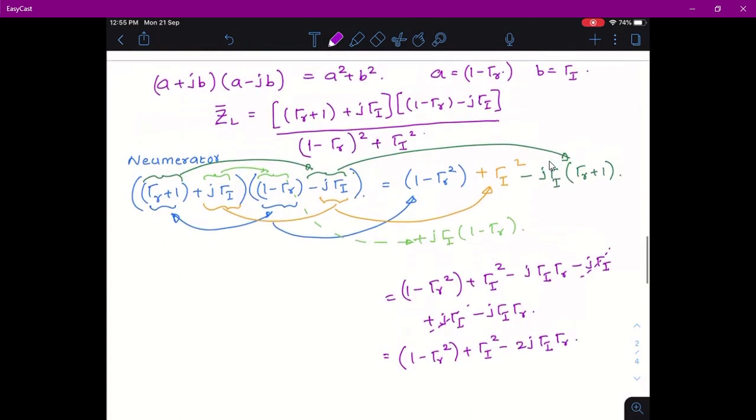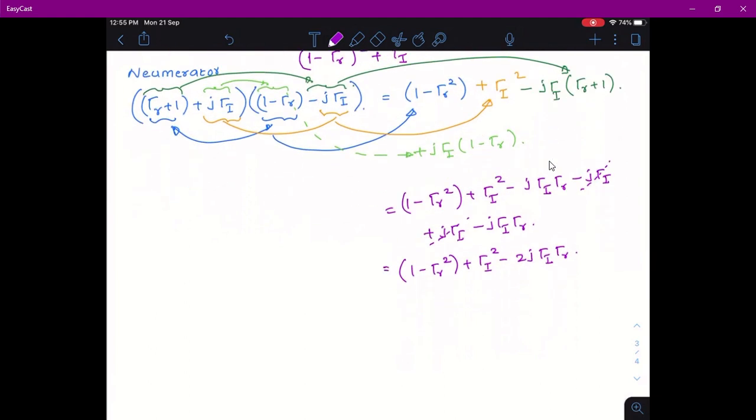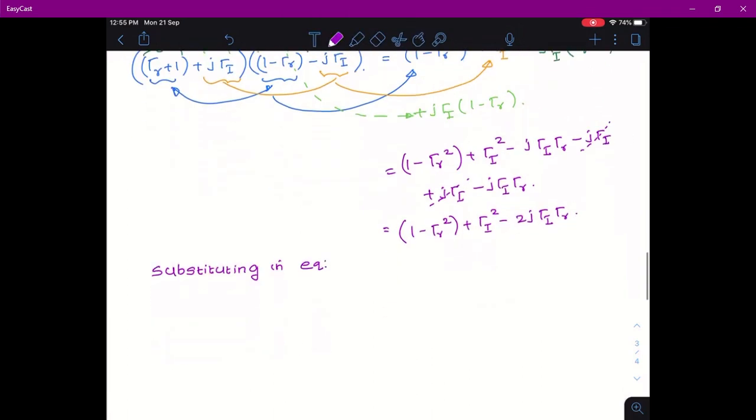Okay. Now let's substitute it back in the equation. So substituting in the equation, you will get ZL bar is equal to 1 minus tau r square plus tau I square minus 2j tau I.